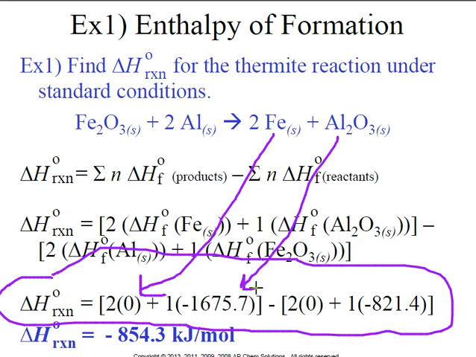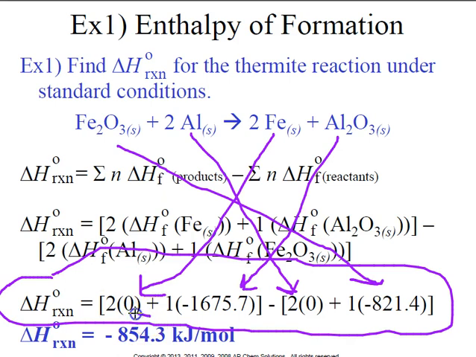Now this value just came from a table. This table is in the back of your book, or you can easily Google enthalpy of formation values and you'll get the value for every molecule imaginable. So those are our products, minus 2 times 0 for aluminum solid because that's its standard state, and 1 times the value for iron oxide.